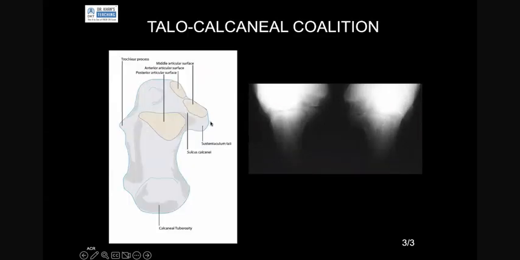This axial view is usually not performed, unless there is a suspected fracture of the calcaneum. So the key anatomy is this one. If you see here, calcaneum and talus, there is what we call the subtalar joint. And the calcaneum has three facets: anterior facet, middle facet, and posterior facet, which is the largest.